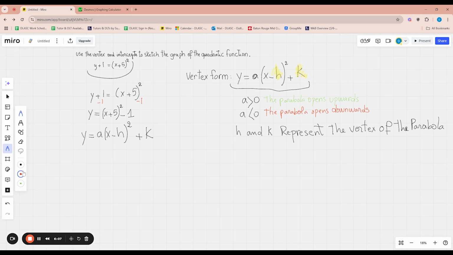As we see here in the vertex form, the h is subtracted.